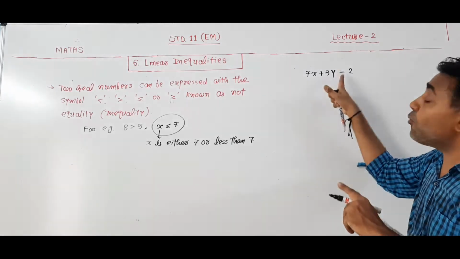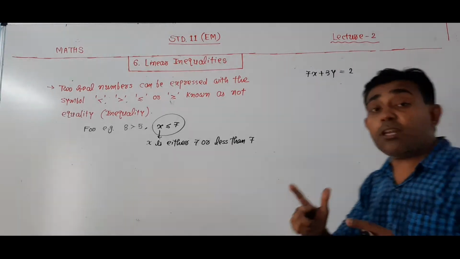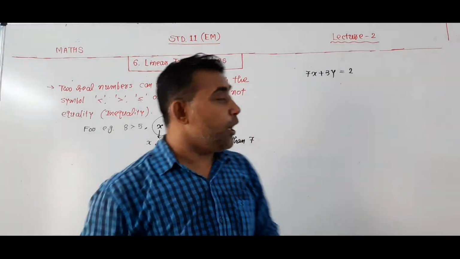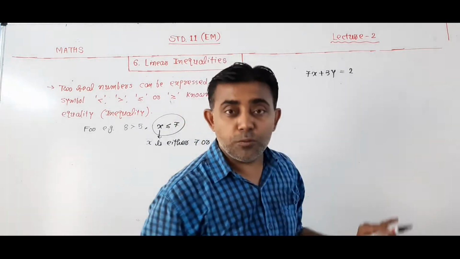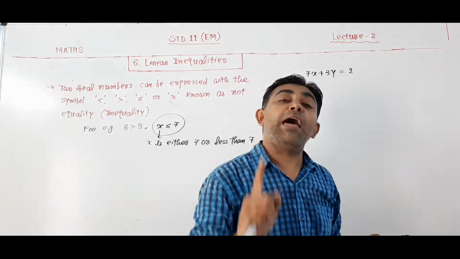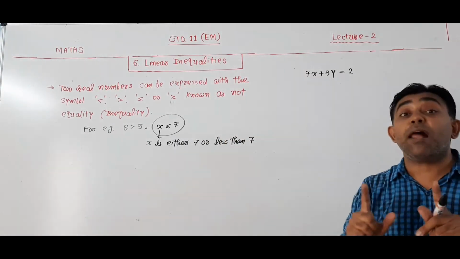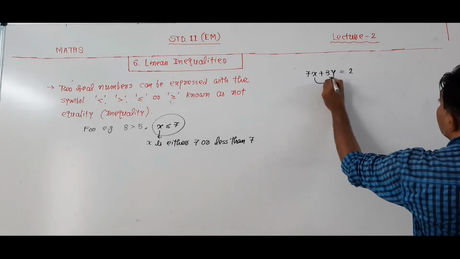This is the linear equation 7x plus 3y equals 2. It means here you have to put the values of x and y such that the answer of 7x plus 3y must be 2. It's known as an equation, or equality. But this equality is in two variables.